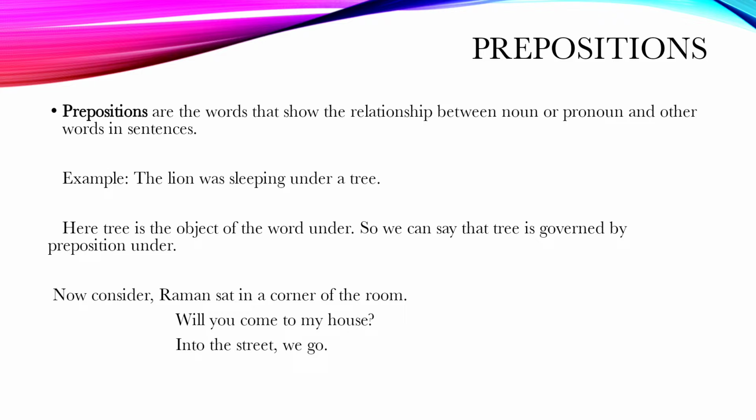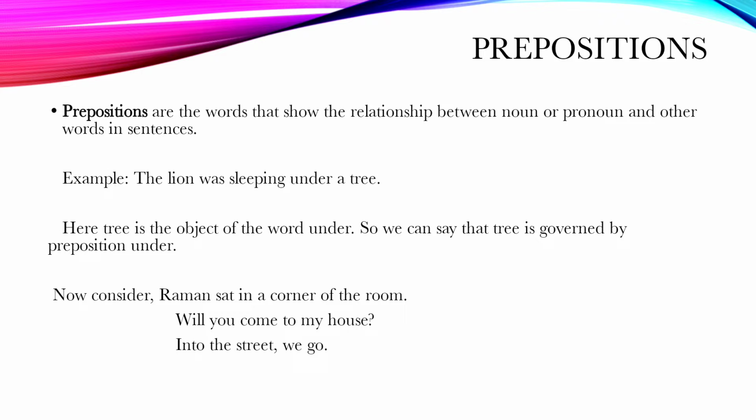Similarly, consider other examples. Will you come to my house? Into the street we go. In the first example, will you come to my house? Here, the word house is governed by the preposition to. To my house. To where? To my house. Now, into the street we go.